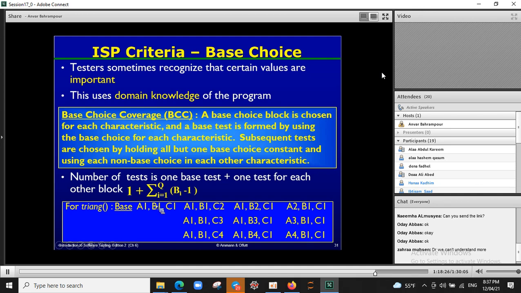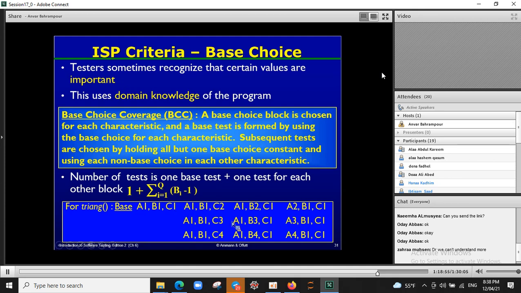For example, in this case, for these characteristics we have 3 extra tests because we have 4 blocks for the first characteristic, and one of them is tested by the base test, and 3 of them are not tested. For the second characteristic, this is the same.